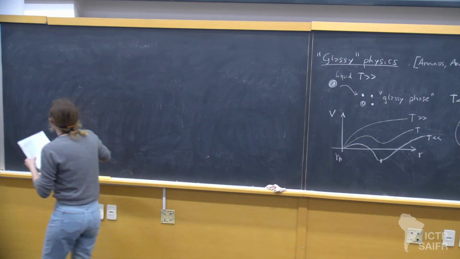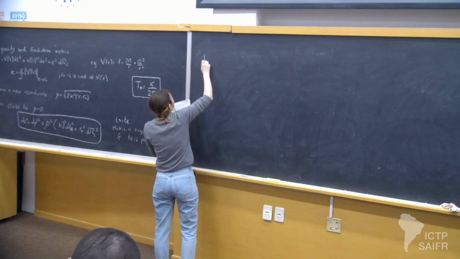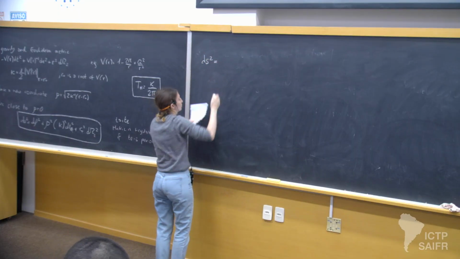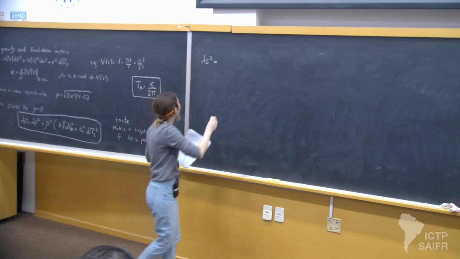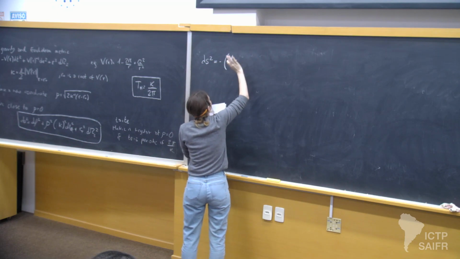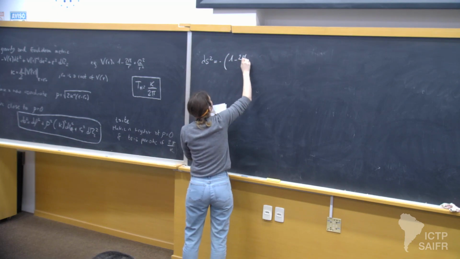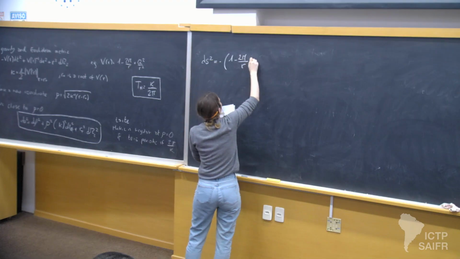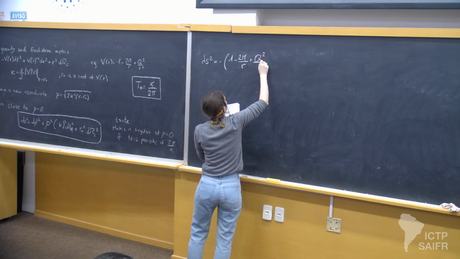You will see me writing all of this, always a lot of metrics, but there is a very good reason for that. This is just a generic Reissner-Nordström solution in flat space, which is the easiest example that we have.